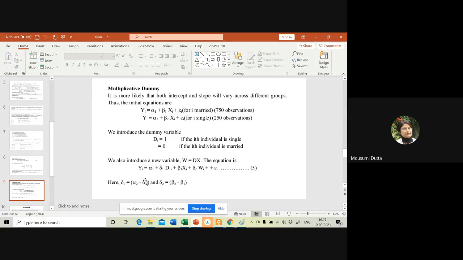Always the base category will be the intercept, so alpha 1, and alpha 2 minus alpha 1 here we are considering. And delta 2 will be in a similar fashion, beta 2 minus beta 1. Delta 1 is alpha 2 minus alpha 1, delta 2 is beta 2 minus beta 1.